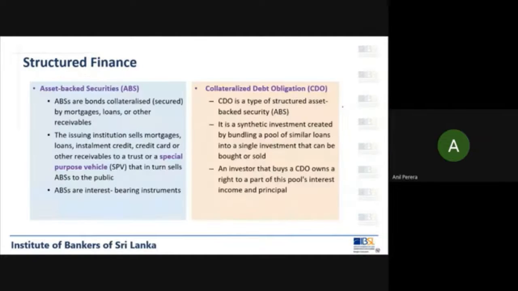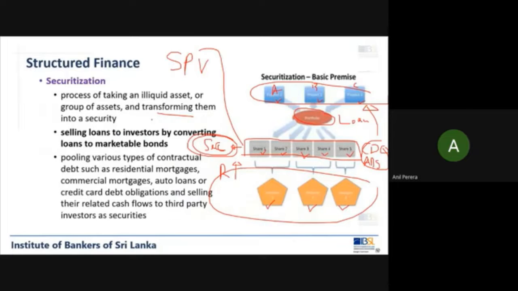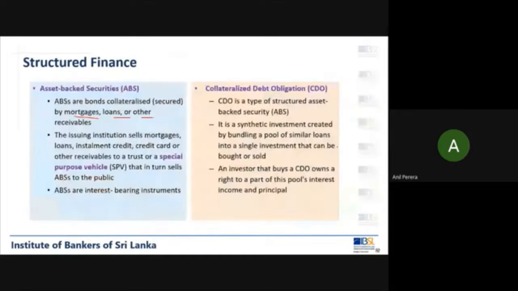Using them, you create these. That's why I say ABS are bonds collateralized by mortgages, loans, or other receivables. So here, instead of shares, what you create is a bond. Here also, a collateralized debt obligation is a bond, right? These are created for the purpose of eliminating risky assets from the balance sheet. Right?